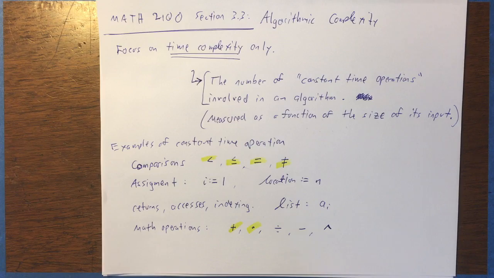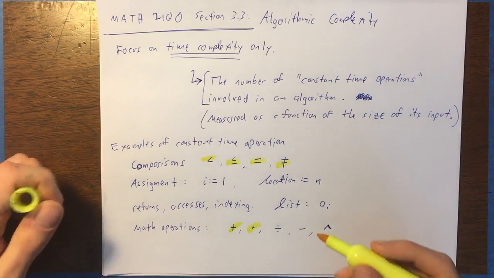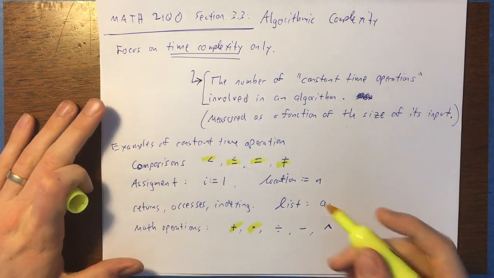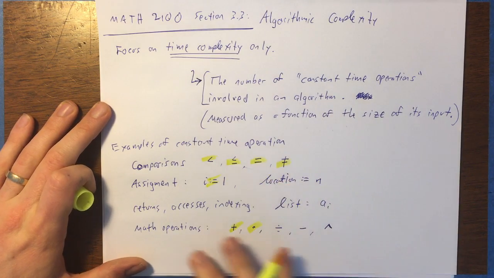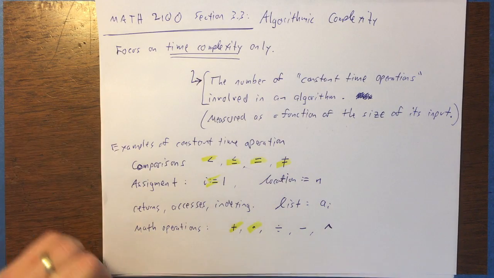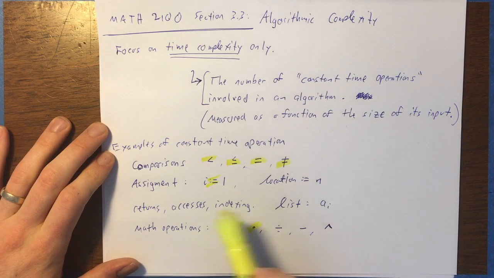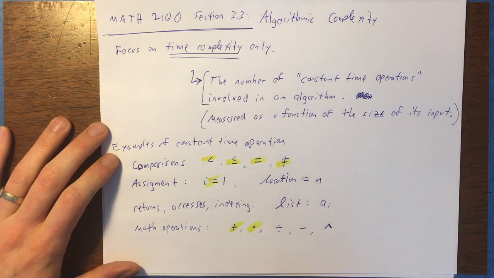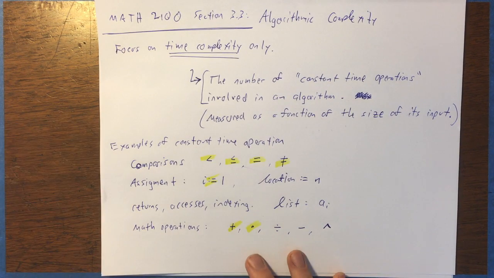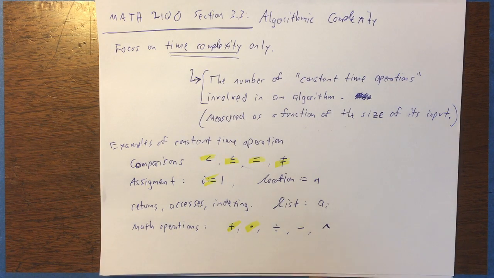What I'm going to do in my examples today is be as thorough as I can. I'm going to count assignments, comparisons, and math operations. I'm not going to bother counting returns and accessing and indexing, but I'll do all the other ones. This will be a way of analyzing a certain type of complexity.